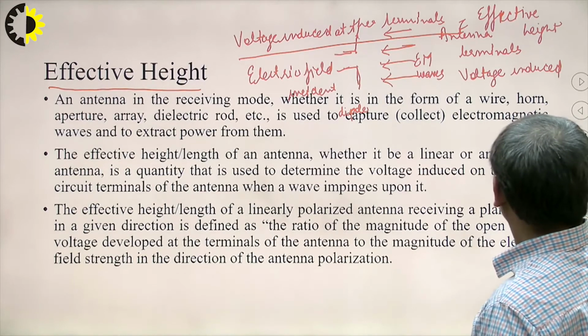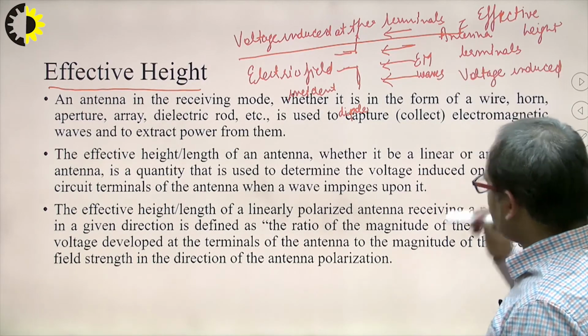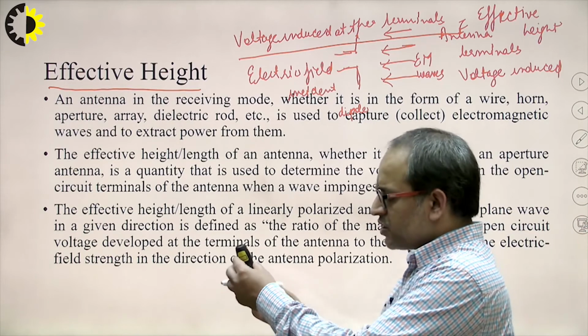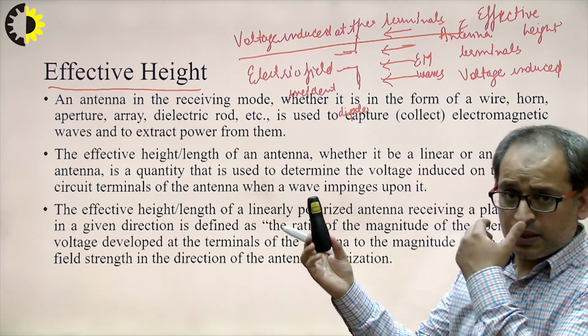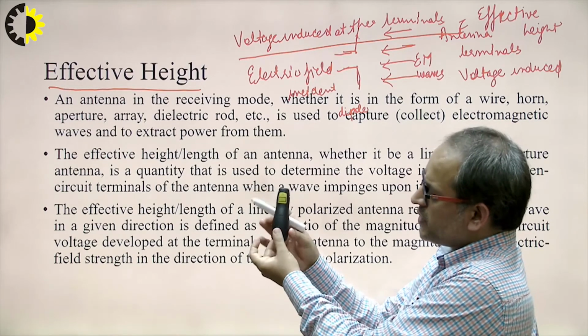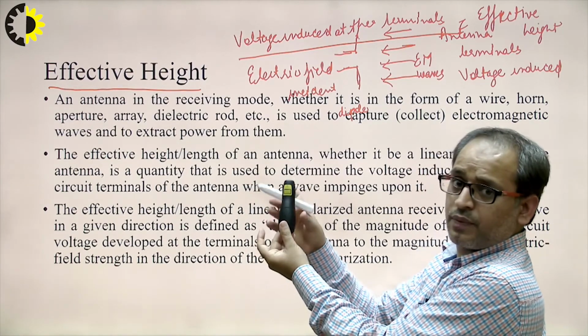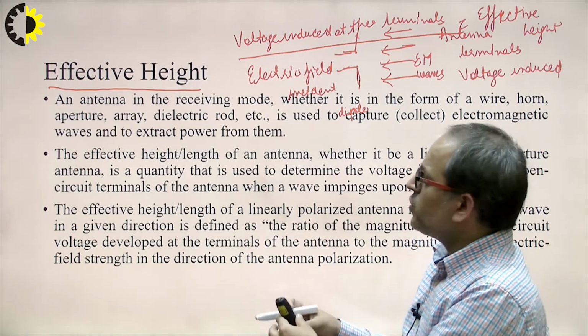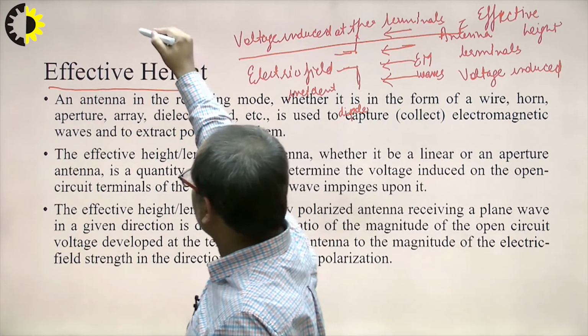This one is clear. So let's say this one acts as a receiving antenna. Clear? And this is having its physical length. So as we already know, V equals what?